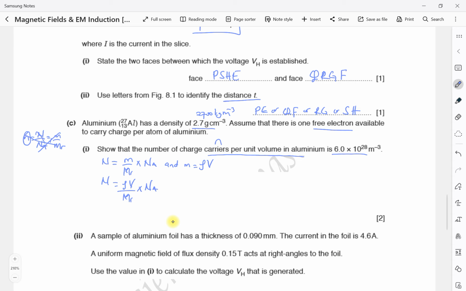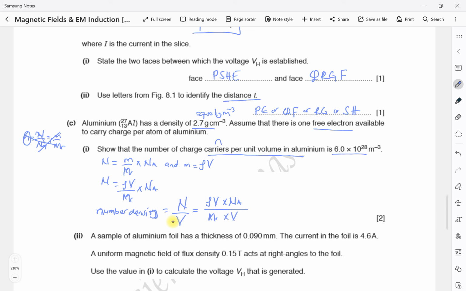So the number density, or number of charge carriers per unit volume, is going to be the number of particles divided by the volume, which is equal to density times volume times Avogadro's number divided by the molar mass times the volume.